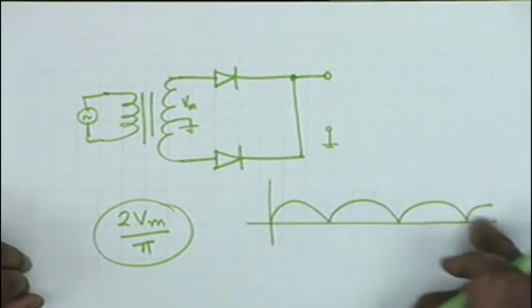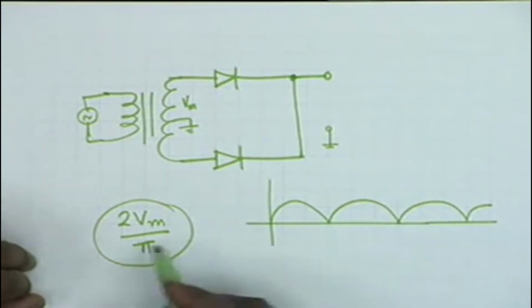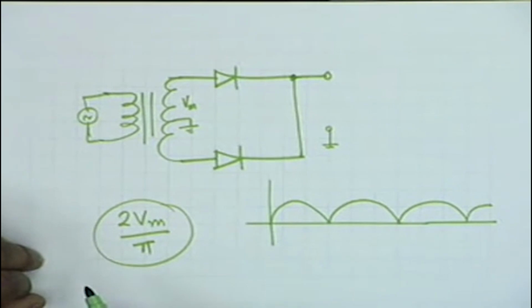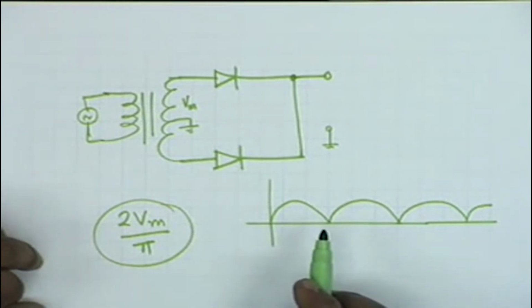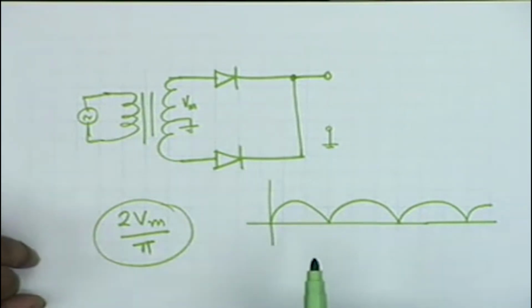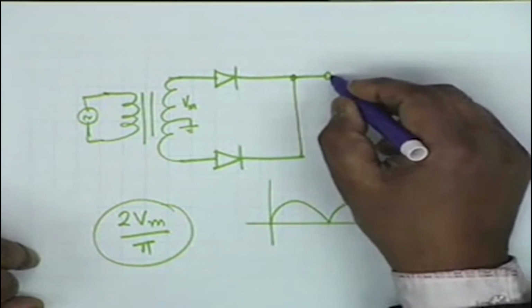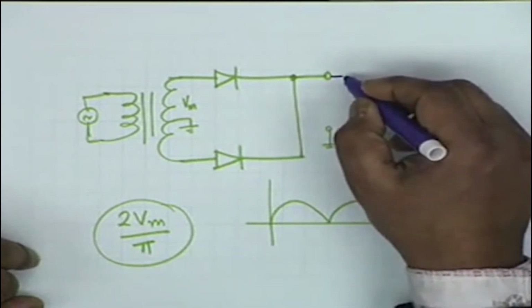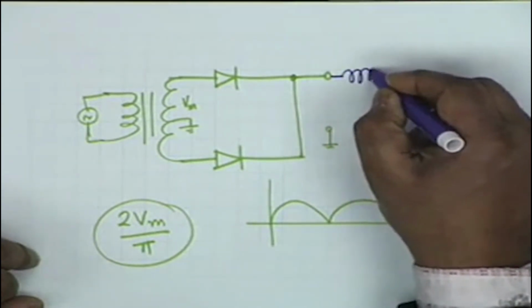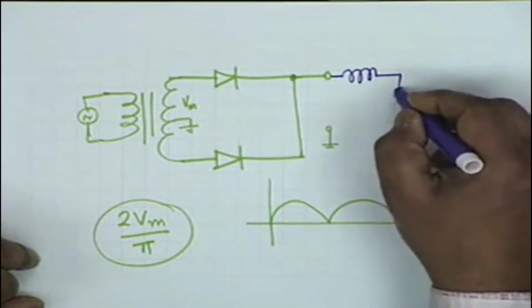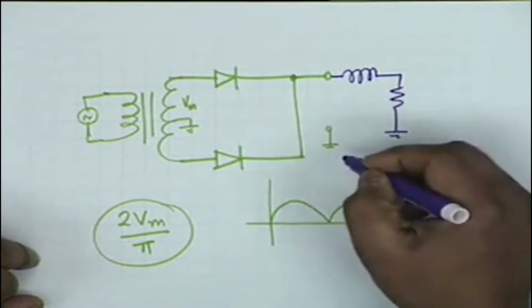The whole waveform can be thought of as a DC of twice Vm by pi, upon which is superimposed an AC. So we want to get rid of the AC, therefore we can use a filter. Obviously the filter that we should use is a low pass filter, and a simple filter could be like this. A low pass filter has an inductance in series and a resistance in shunt.